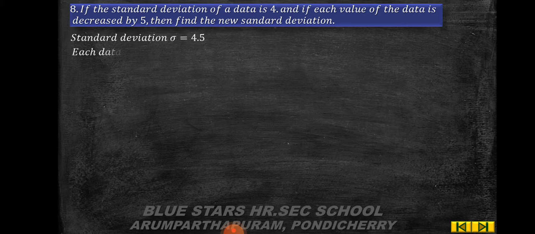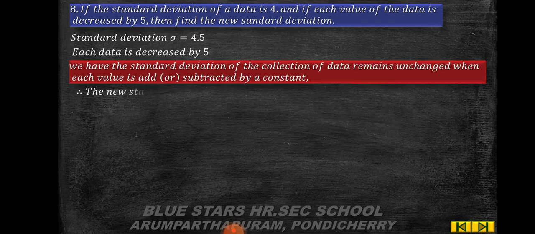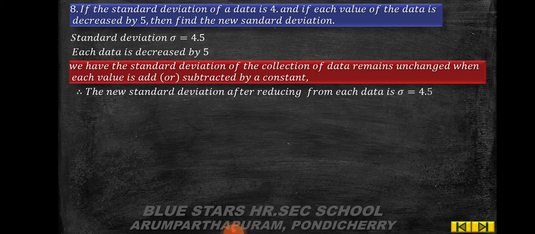So standard deviation sigma is equal to 4.5. Each data is decreased by 5. We have that the standard deviation of a collection of data remains unchanged when each value is added or subtracted by a constant. Therefore, the new standard deviation after reducing 5 from each data is sigma is equal to 4.5.